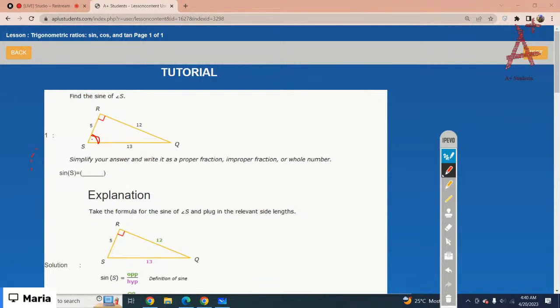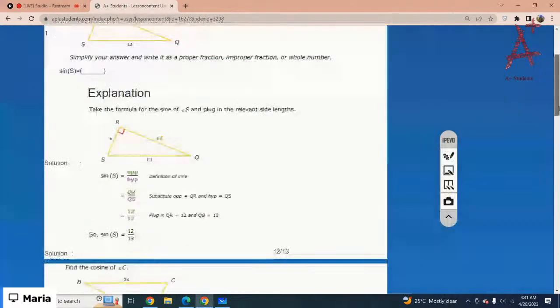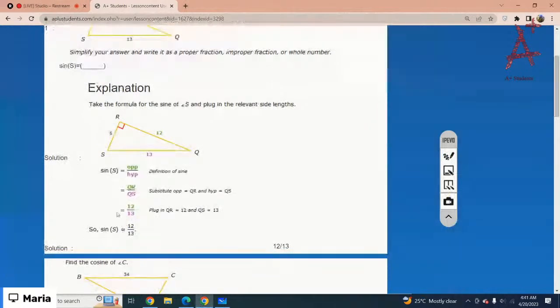If you look from this side, this one is opposite, and this one is hypotenuse. So you need to do 12 divided by 13. It will be over 13. So sine S equals 12 divided by 13. Be careful: you just have to understand which side is opposite and which side is hypotenuse. So sine S equals opposite over hypotenuse.